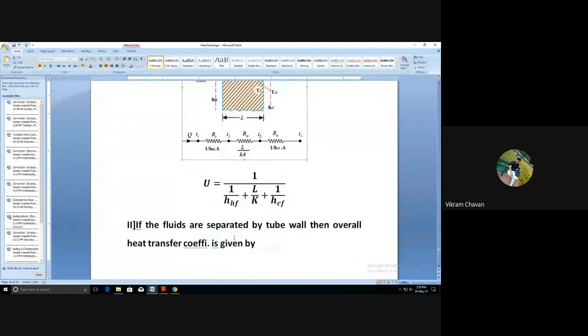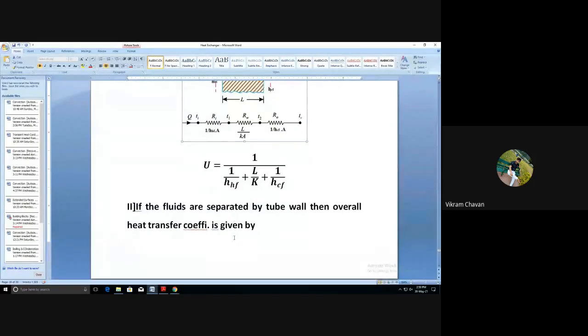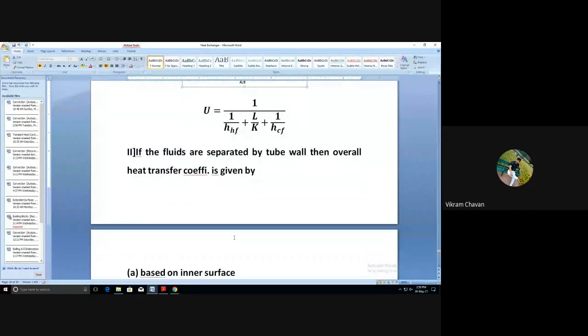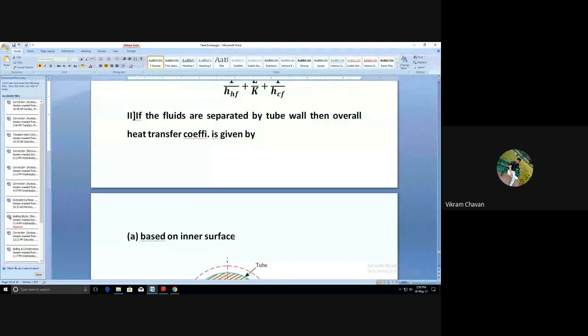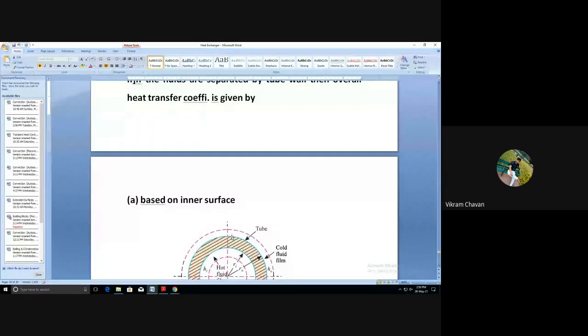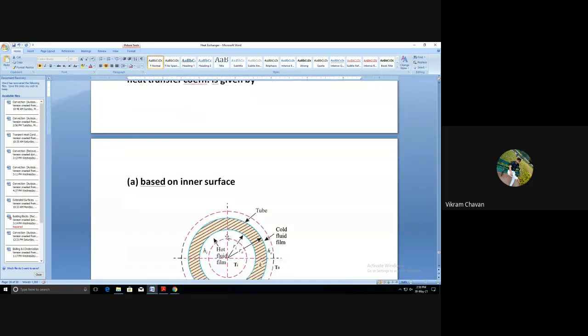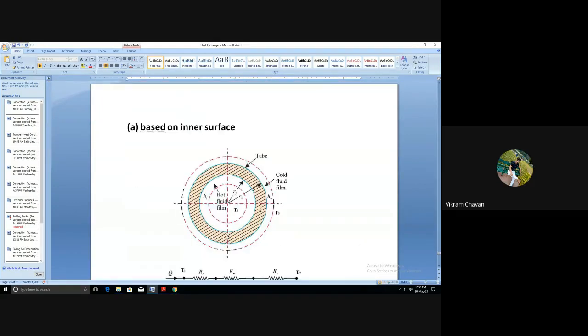But if the fluid is flowing through tubes, what will we have to do in that particular case? Okay, so in that case, two different quantities we have to use, that is overall heat transfer coefficient on the basis of inner surface, and second one is overall heat transfer coefficient on the basis of outer surface.